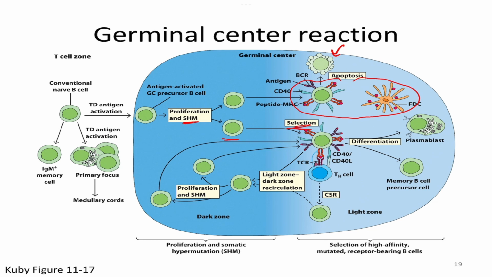It's going to continue to go through this process. It's going to start differentiating, and it also may actually go back into the dark zone, proliferate, and mutate again. And so it may go through multiple rounds of this process in order to really improve the affinity very, very well.